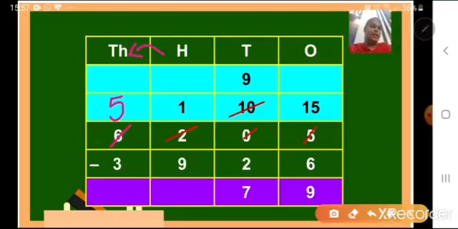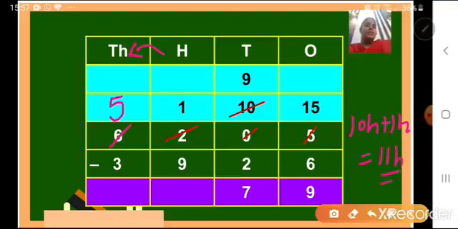1,000 is how many hundreds? Come on children, tell me. 10 hundreds, right? So 10 hundreds plus 1 hundred is equal to 1100, correct? So I will cut 1 and I will write here 11. Now 11 minus 9, is it possible? Yes, it is possible.